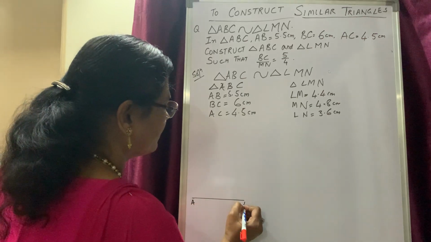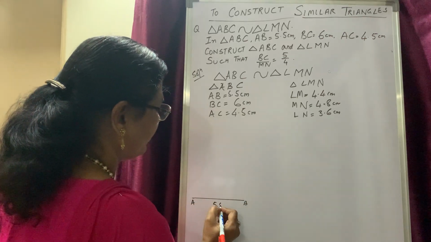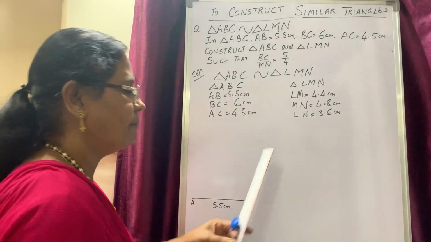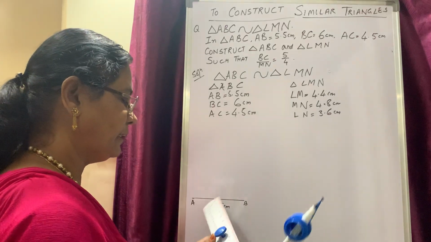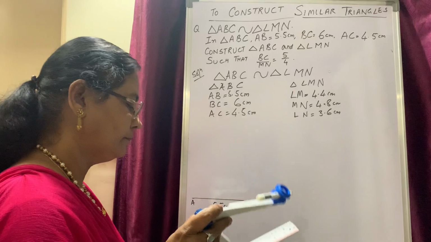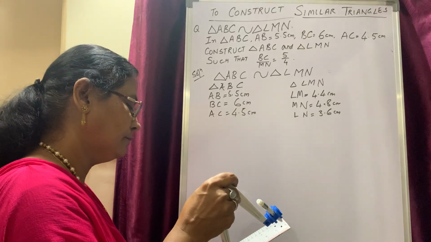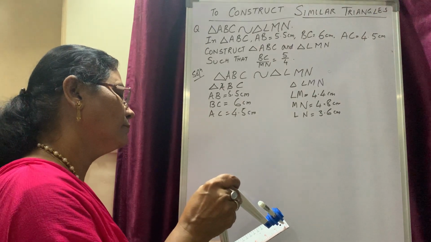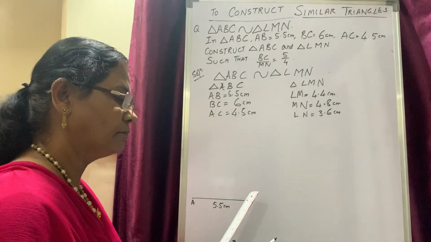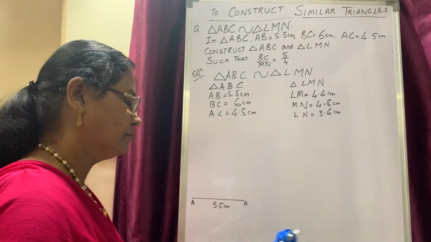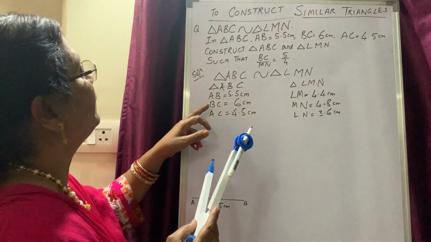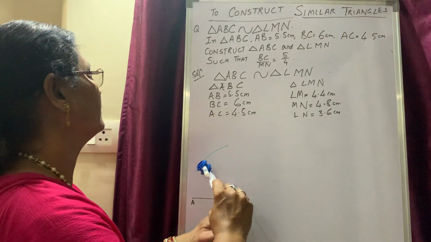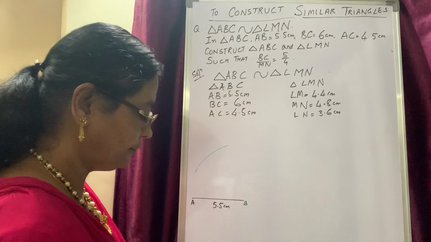AB, 5.5 centimeter. Then BC, 6 centimeter. So in my compass, I will take 6 centimeter. From B, I will take 6 centimeter in my compass and draw an arc. Then AC is 4.5.